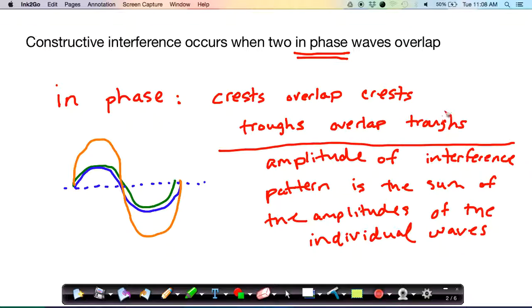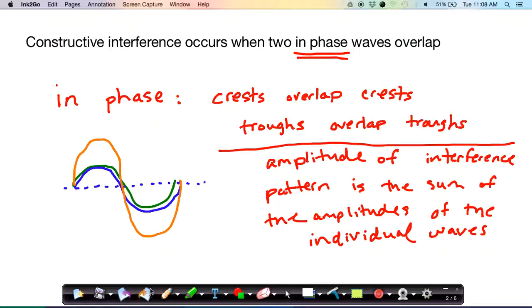And this is an application of what is referred to in physics as the principle of superposition. It's actually a vector sum, but because positive amplitude overlaps with positive amplitude, negative amplitude overlaps with negative amplitude, we're just adding the wave effects. We're adding the individual wave amplitudes to get the amplitude of the interference pattern.